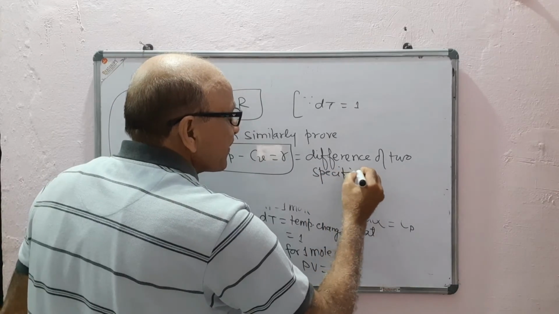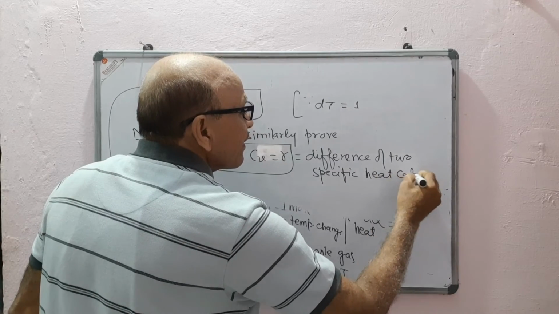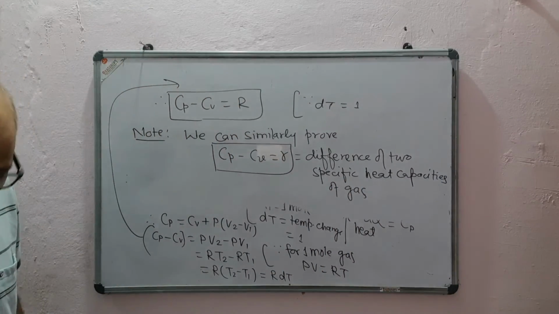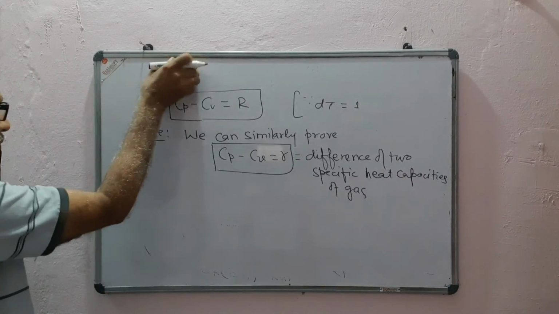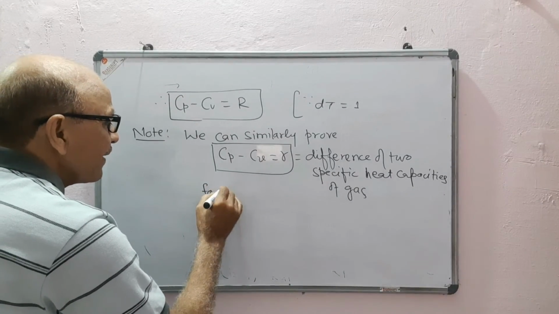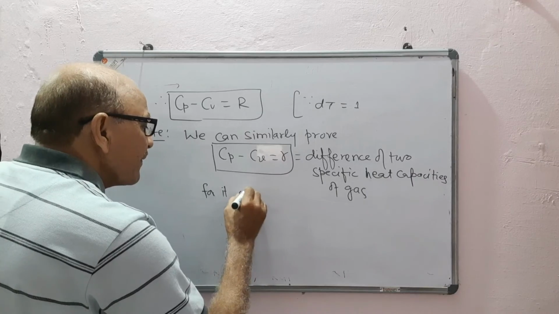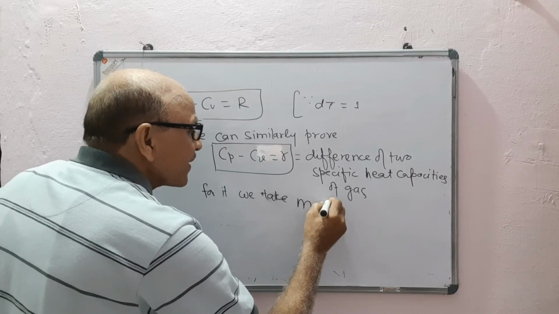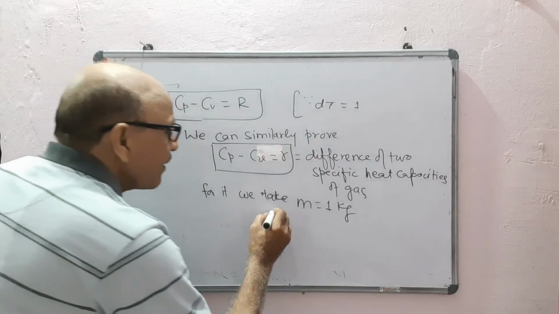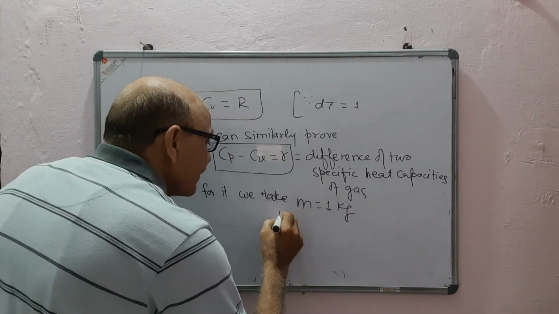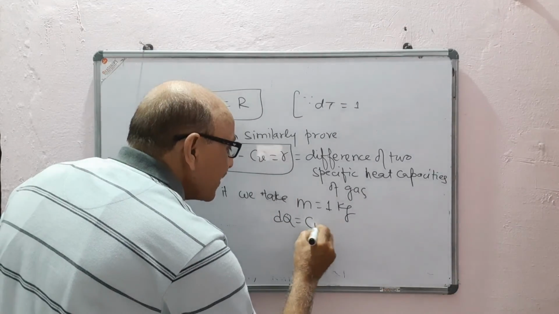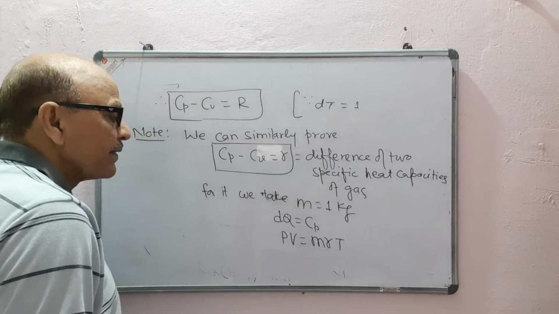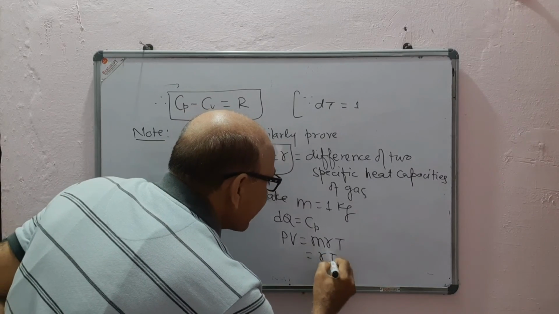Here we take m is equal to 1 kg, dQ is equal to Cp, PV is equal to mrT, which is equal to rT, because m is 1.